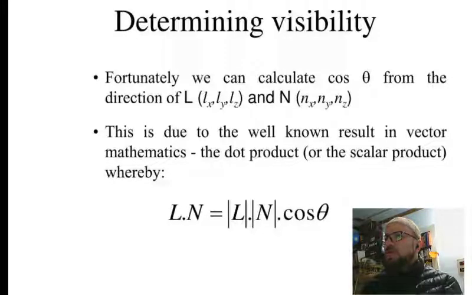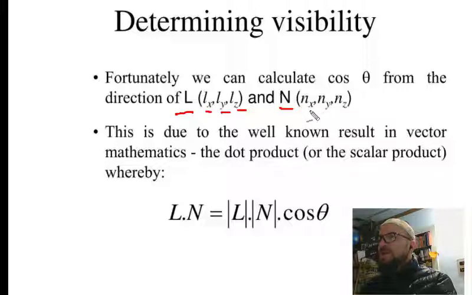Now what we're talking about is that we need to determine the visibility, and I'm saying that I have the L, that is the viewing vector, and N is the normal, and their Cartesian coordinates are x, y, z for both of these. So L is actually three components: L of x, L of y, and L of z.